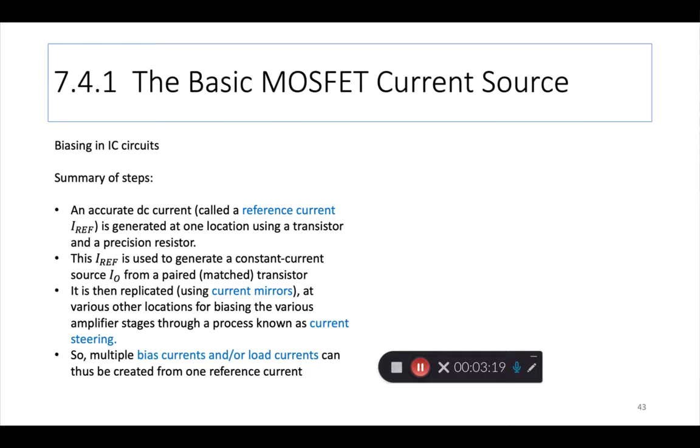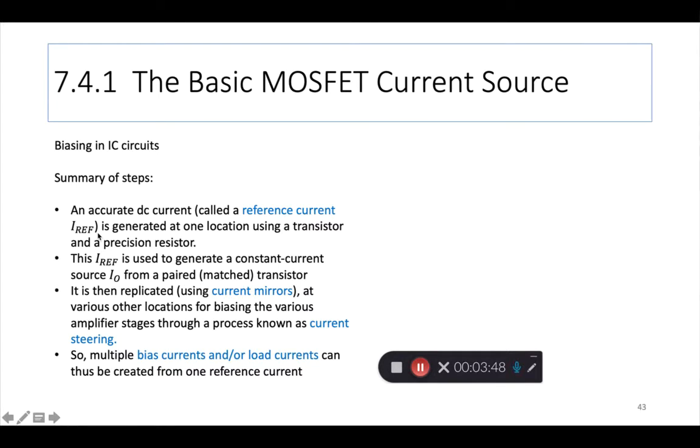So one such current generally first has to be made available. So that current, an accurate DC current called a reference current, I reference, is generated at one location using a transistor and a precision resistor. So that's step one. This I reference is then used to generate a constant current source I_O, output, from a paired or matched transistor.